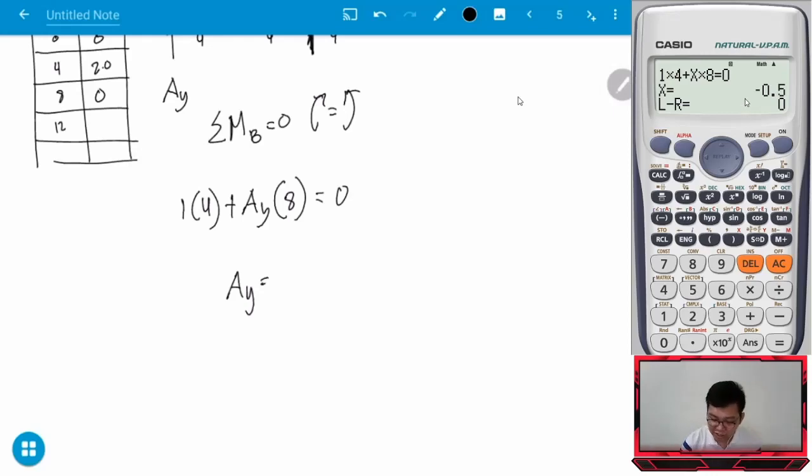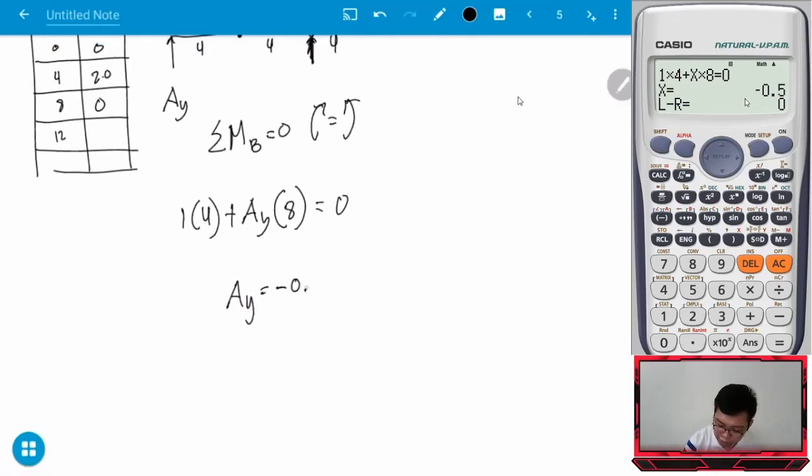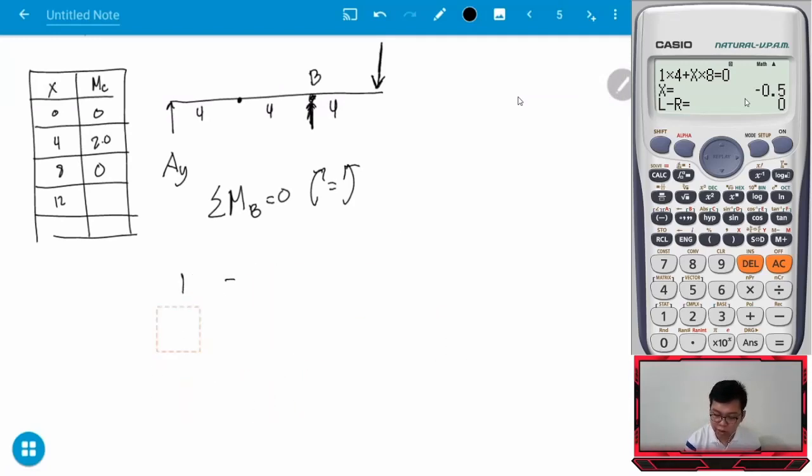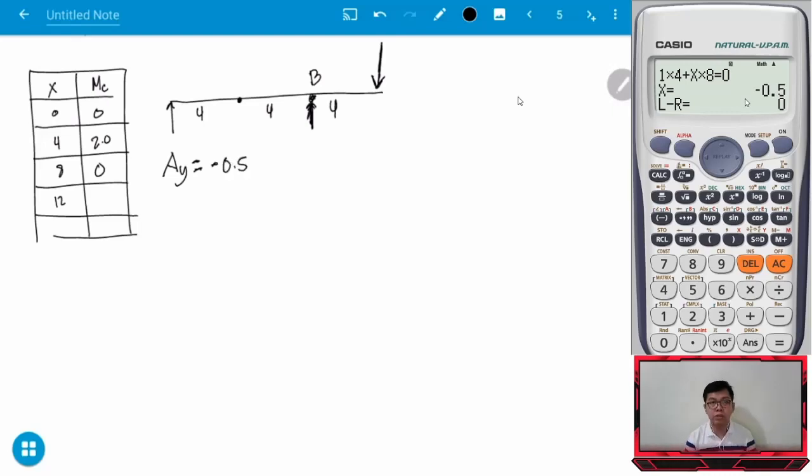So, since negative 0.5 yan, hindi dahil negative, mali yung sagot mo. Negative means mali yung assumption mo. Anyway, gaya ng tinuturo ko sa mga students ko, do not change the direction of the loads. Just retain the sign. Negative 0.5. Huwag nyo nang pakialaman yung direction dyan. Mahihirapan lang kayo. Okay? So, anyway, upward and then negative 0.5.